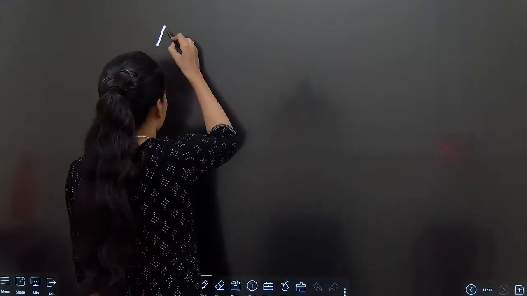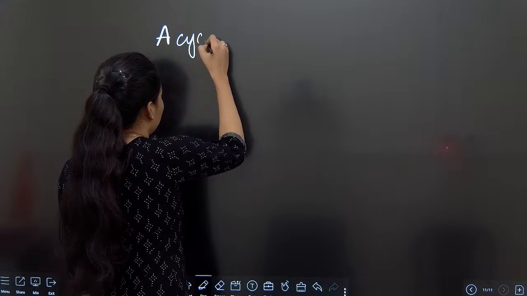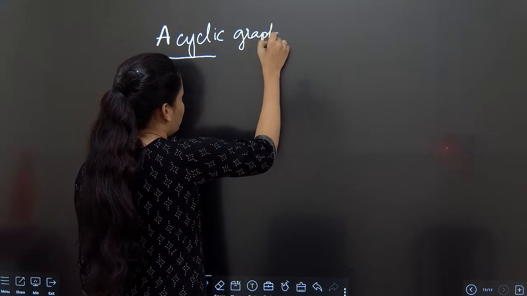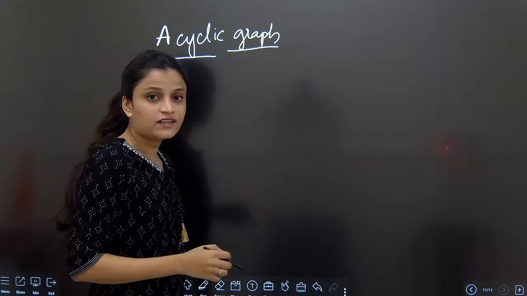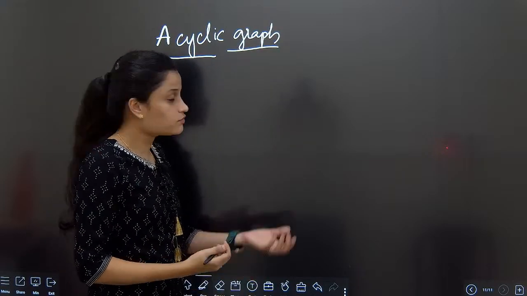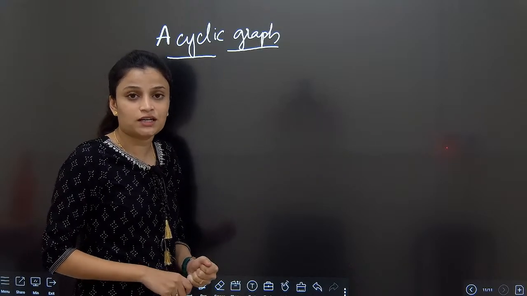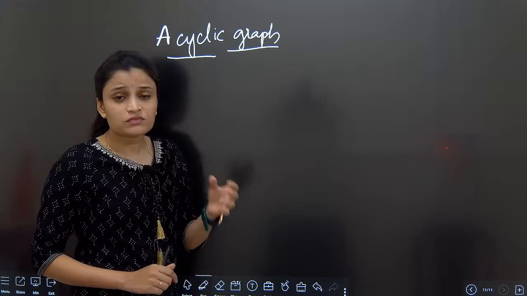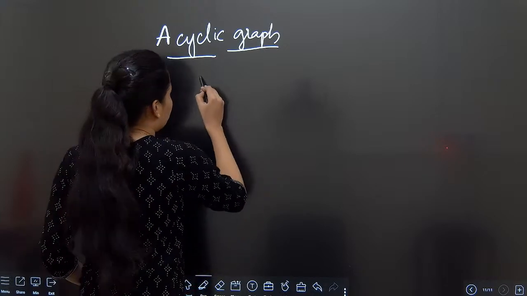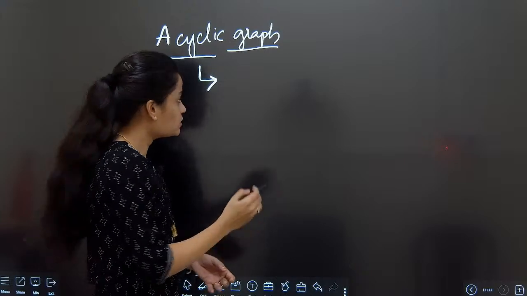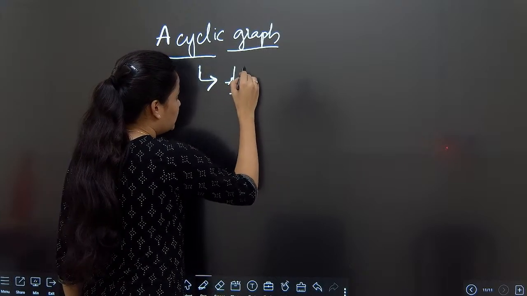Next one, acyclic graph, and this general graph. Next organization is the acyclic graph and next is the general graph. Both work like a check.